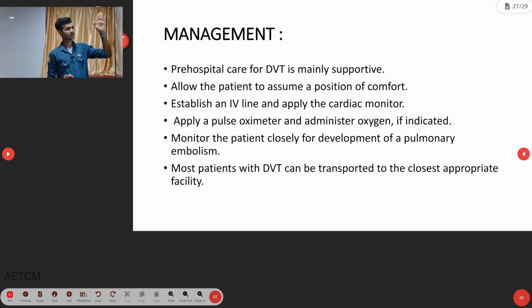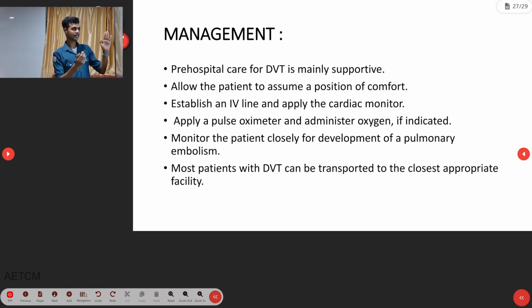In the pre-hospital setting, patients mainly approach us with a complaint of swelling in the affected area, or with pulmonary embolism-related complaints such as shortness of breath or chest discomfort. Based on that, we can manage.